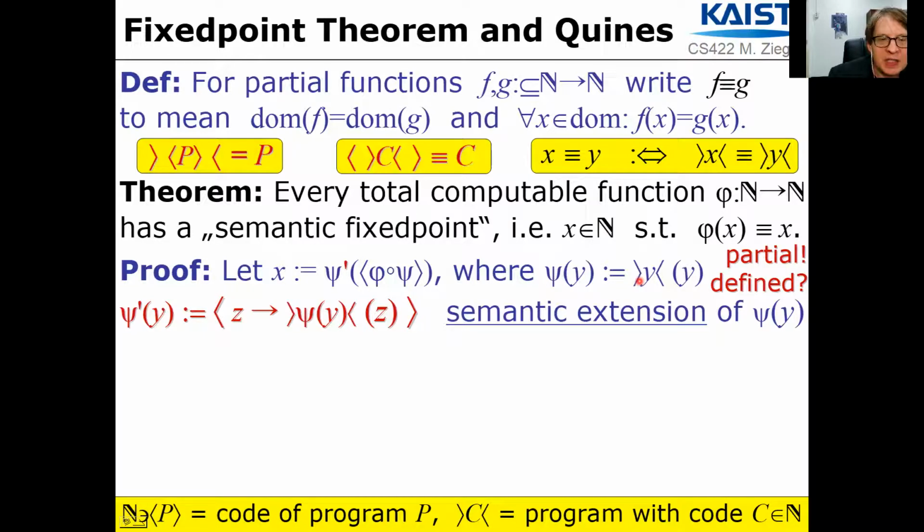Namely, in the definition of x, in the constructive proof constructing x, we replace psi with a total semantically equivalent extension. And that's what we've done before, right? So we replace psi here with psi prime, where psi prime is this. And now the same argument goes through again, but now we don't need to worry about whether it's defined or not.